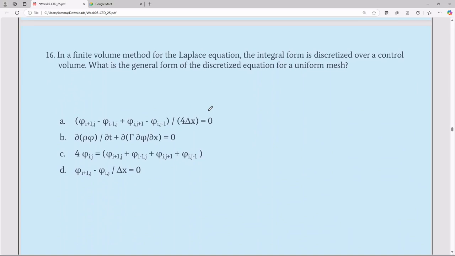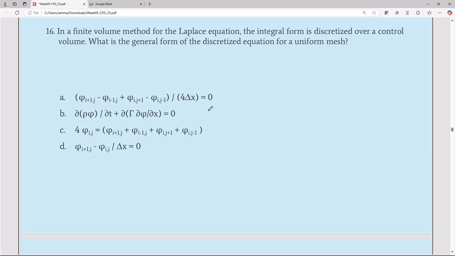Moving on to the next question. In a finite volume method, for the Laplace equation, the integral form is discretized over a control volume. What is the general form of the discretized equation for a uniform mesh?